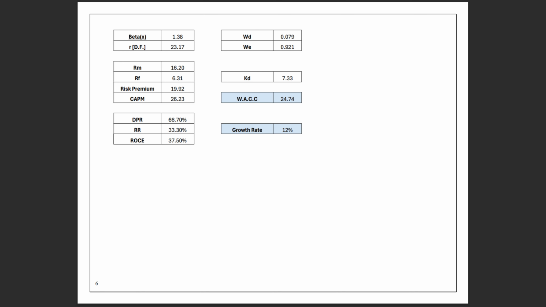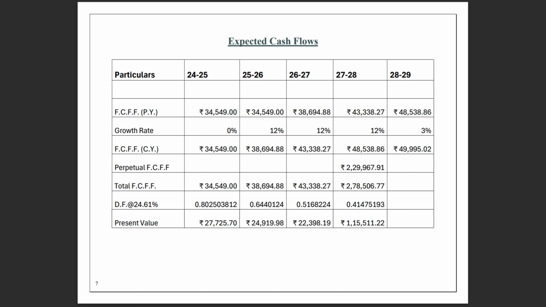By using this growth rate, we will estimate the future cash flows of the firm for next 3 years, and after that, from 4th year and onwards, we will use a stable growth rate, which is estimated by the management of the company at 3%. To calculate the perpetual future cash flows, we will divide the estimated FCFF of fourth year by KE minus G, and then we will discount every year's FCFF by the discount factor of 24.61%.